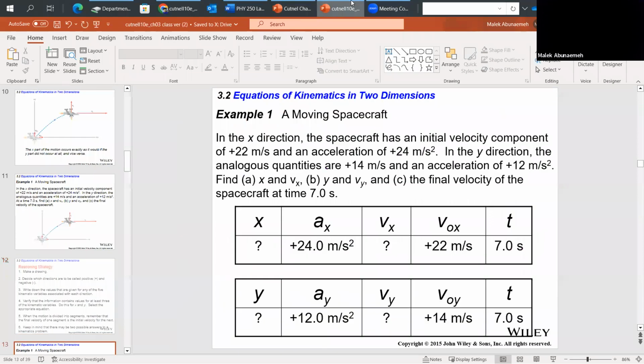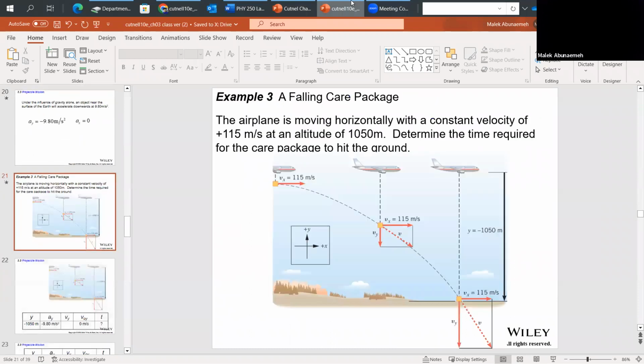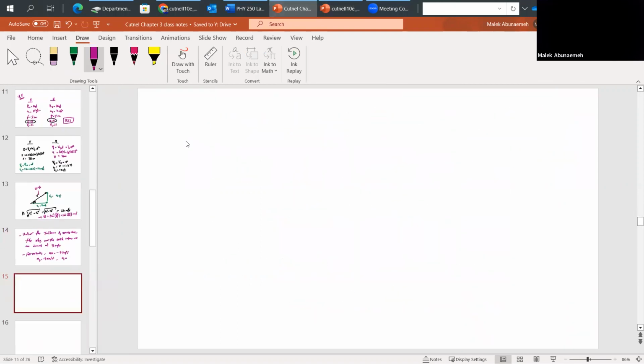The airplane is moving horizontally with a constant velocity of 150 meters per second and an altitude of 1,050 meters. This plane drops a package. Determine the time required for the care package to hit the ground. Now, you have a projectile motion that's actually going downward. So you have a vehicle, let's say this is your plane, and it has a care package.